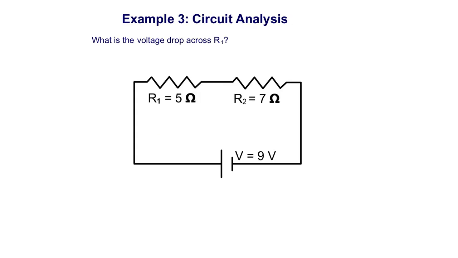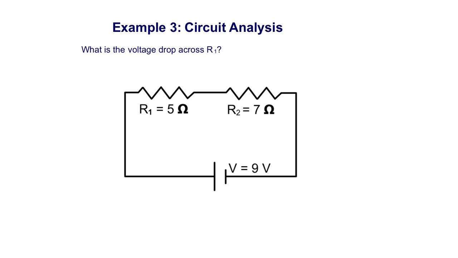Okay, so here we have the same problem. What is the voltage drop across R1? What they're basically asking is, what is the voltage reading across this? It's called a drop because it's subtracting. It's taking away voltage from the 9-volt battery. So I'm just going to do V equals IR.